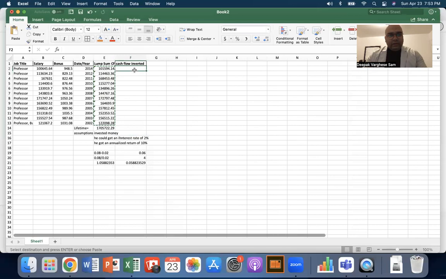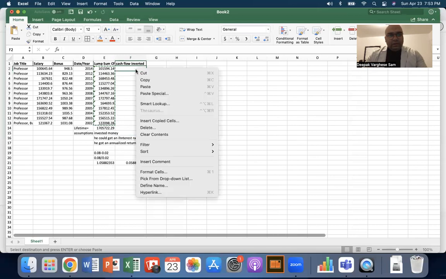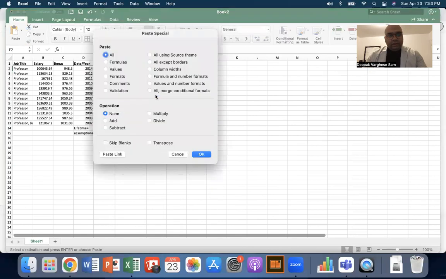So let's go here, paste special, values. Not supposed to. Where's the inverse? There's an inverse here. All using source here.